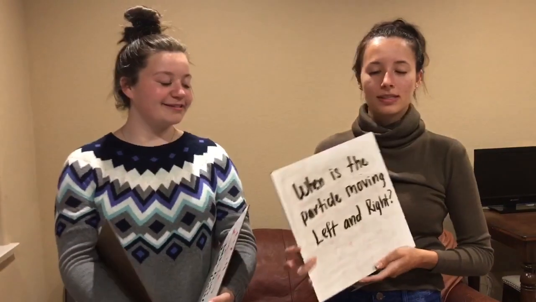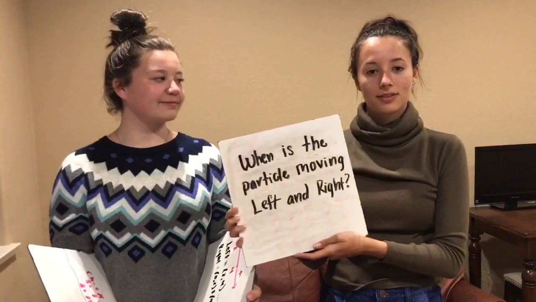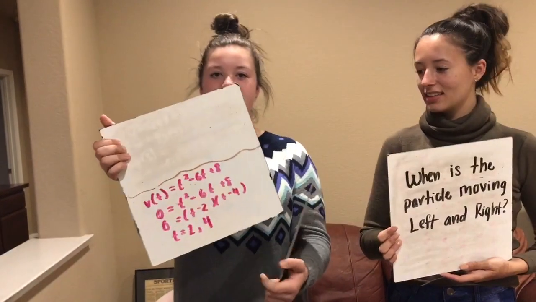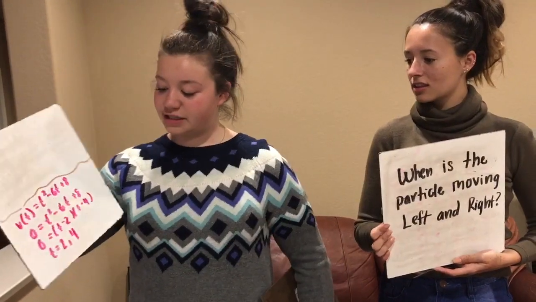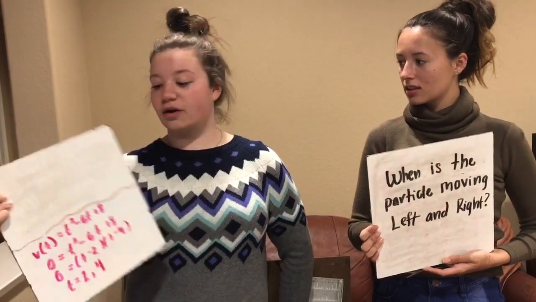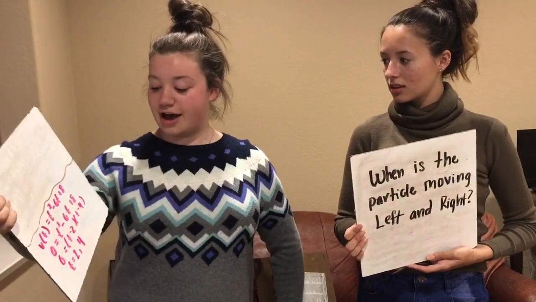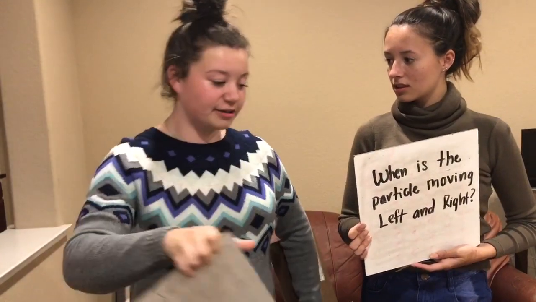Another main question that will be asked is when is the particle moving to the left or to the right? So for this question, you have to start by finding your v(t) at 0. So for this, you have to use the t equals 2 and t equals 4 answer that we got earlier.